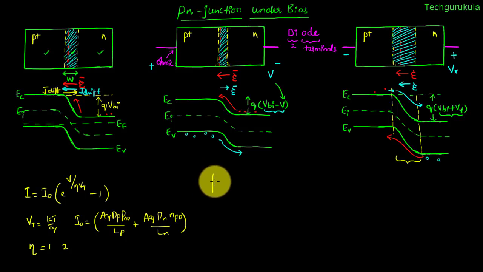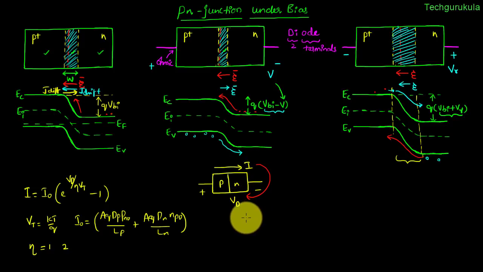So if we take the PN junction like this, let's say this is P, this is N, and if we take a reference voltage as VD, that's the voltage applied across the diode, then the current that would flow is, let's say, I, and that is this I. So the relationship between the current flowing through the diode to the applied potential across the PN junction is given by this relationship.